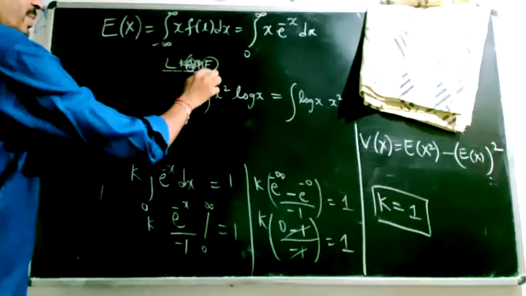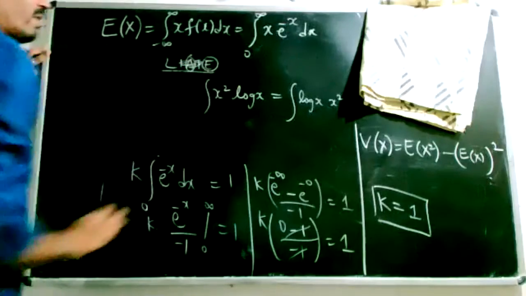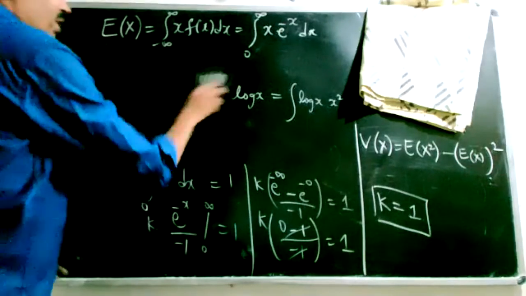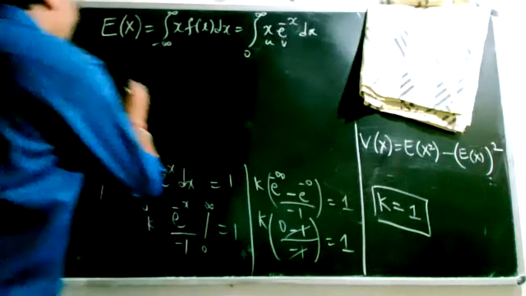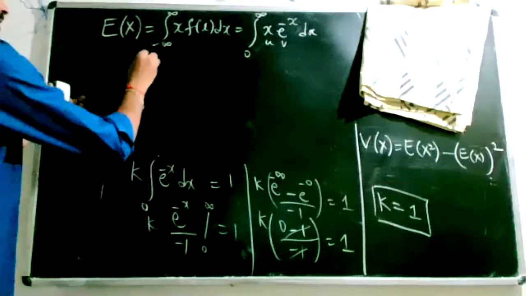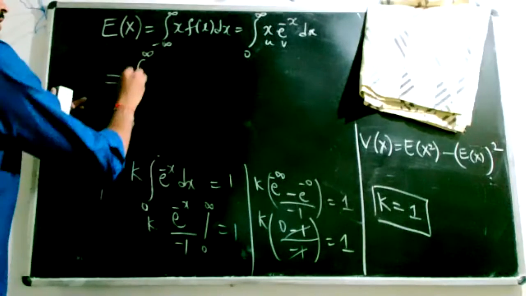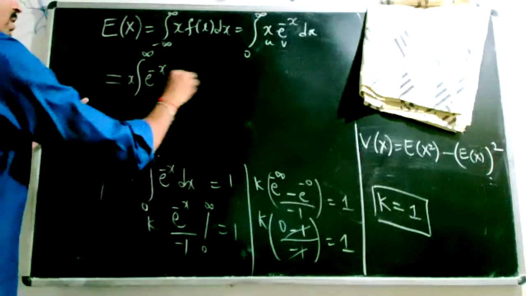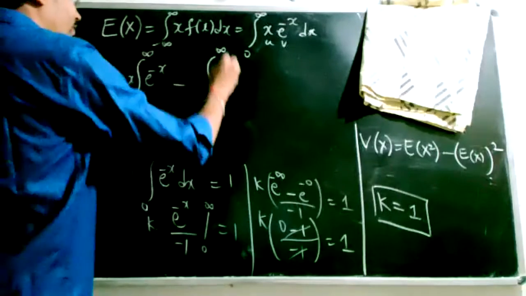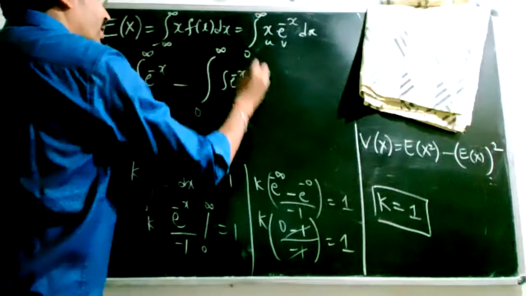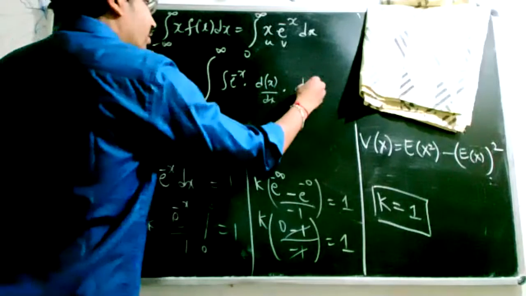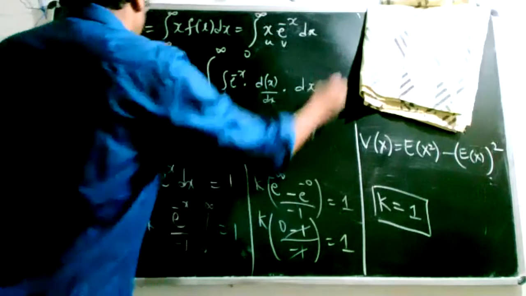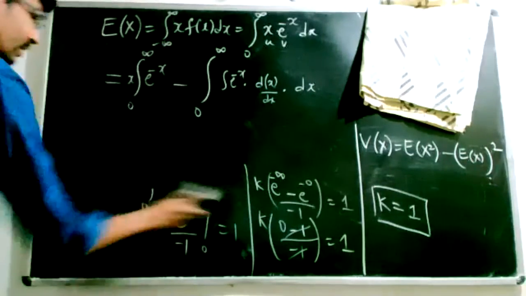Algebra irutte, exponential irutte. Exponential yavaglu last ಅಲ್ಲಿ ಇರಬೇಕು. So ಅದೇ order ಅಲ್ಲಿ ಇದೆ. So I can take this as u, this as v. So integration of uv is u into integration of v minus integration of v into derivative of u with respect to u. So we have this.